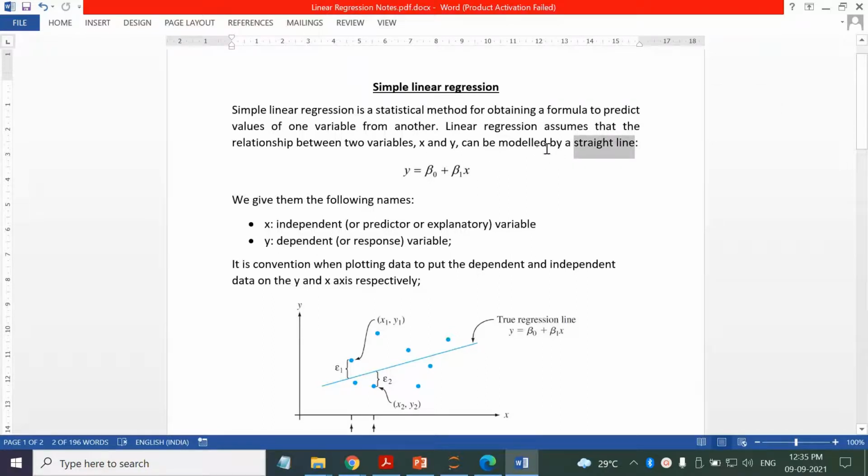Generally we represent a line in the form of y equals mx plus c, but in statistics we generally represent it as y equals beta 0 plus beta 1 x. We give them the following names. x is the independent variable or the predictor, and since we are determining the value of y from x, y is the dependent variable or response variable.